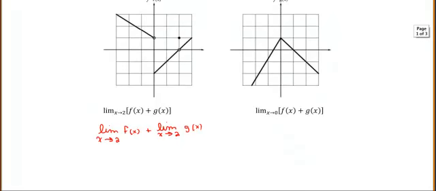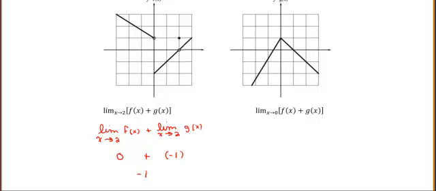If we look at the graph of f of x, as x approaches 2, the limit of f of x is 0. And for g of x, the limit as x approaches 2 is negative 1. So this becomes 0 plus negative 1, or simply negative 1.